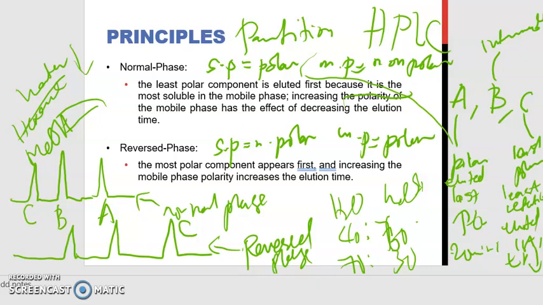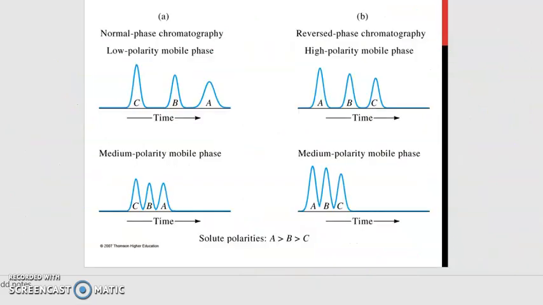So in normal phase chromatography, low polarity mobile phase, medium polarity mobile phase lagi cepat keluar. However, in reverse phase chromatography, high polarity mobile phase, tapi medium polarity mobile phase. So polarities, A yang paling polar as compared to C is the least polar.